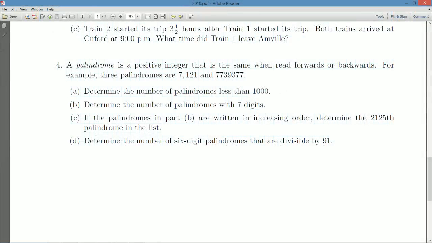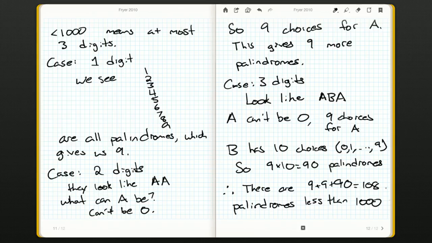So B, determine the number of palindromes with 7 digits. Okay, so we know what they look like when it's 2 digits. It looks like AA. 3 digits, it looks like ABA. 4 digits should look like ABBA, which is the name of a nice band.